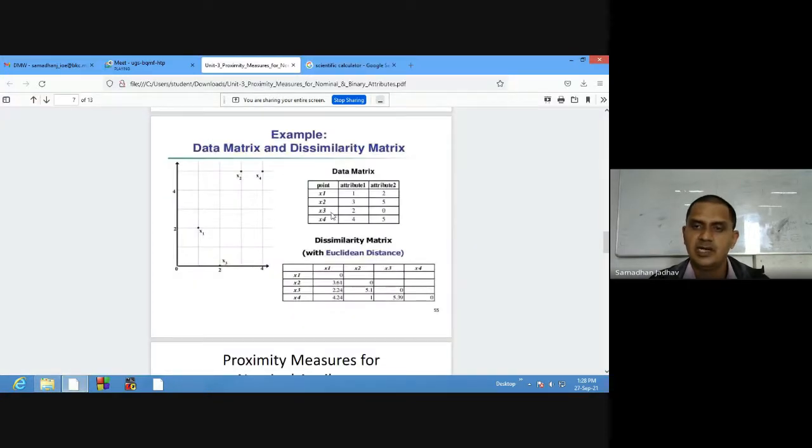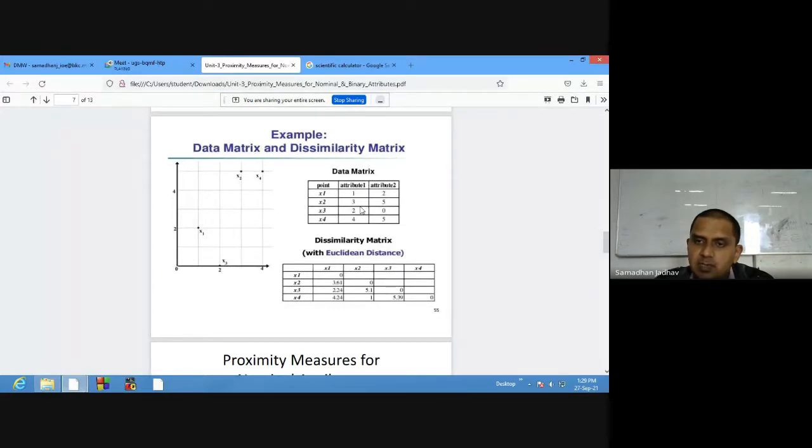Now if I want to find the dissimilarity for x3 with x2, object 3 with object 2, using Euclidean distance. Using the Euclidean distance formula, 2 minus 3 is minus 1. Minus 1 squared is 1 plus, 0 minus 5 is minus 5, minus 5 squared is 25.